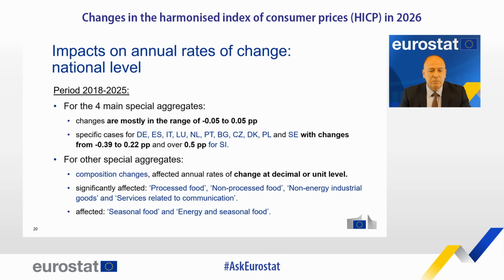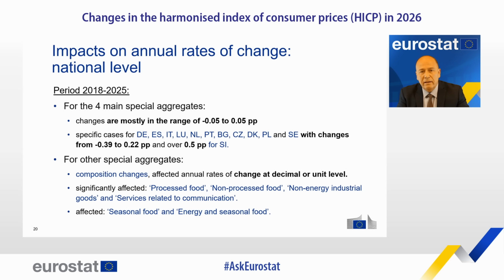For the four special aggregates, the changes are mostly in the range of minus 0.05 to 0.05, with the exception of some ad hoc country cases where the impacts are identified in the first decimal place or even higher.